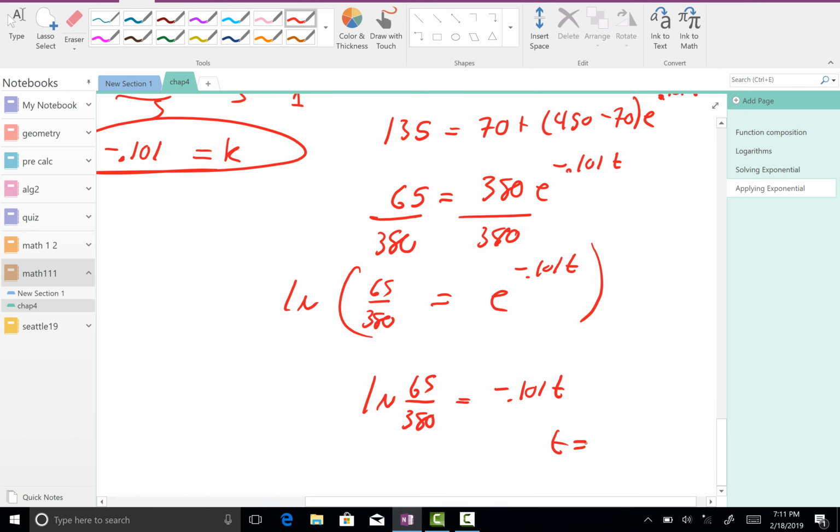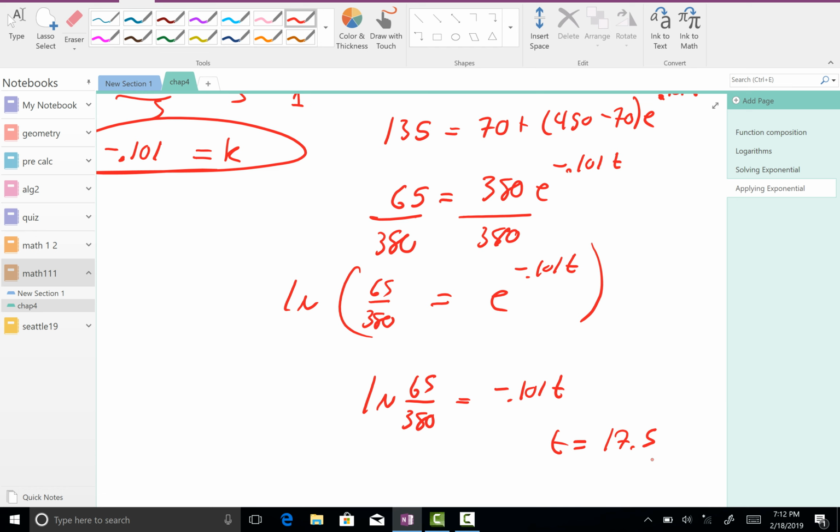Does anybody get it? 17.486. Yeah, it says about 518 in my book here.